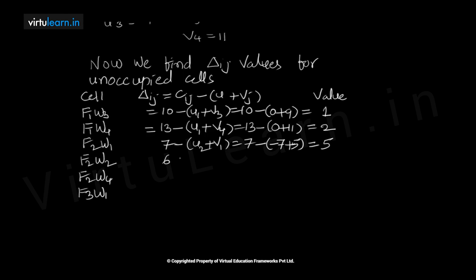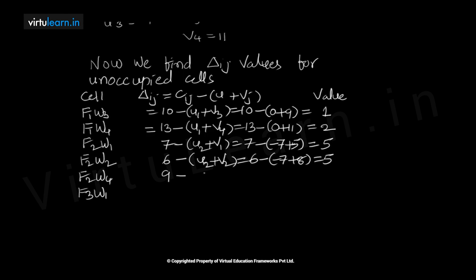Then the F2W2 cell cost is 6 rupees minus U2 plus V2, is equal to 6 minus minus 7 plus 8, is equal to 5.